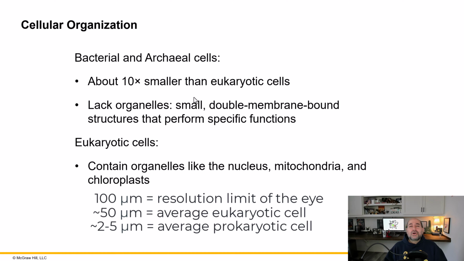You can pretty much only tell if they're round or long, like capsule shaped or round shaped. That's all you can tell about them. That's how small we're talking. These bacteria and these archaea are tiny, tiny, tiny little guys.